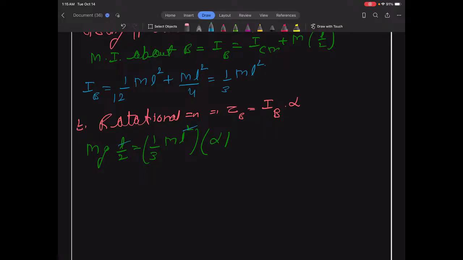And this m and L square goes away. Therefore, we get our angular acceleration will be equal to 3 by 2 g upon L. Okay, so this will be our angular acceleration.